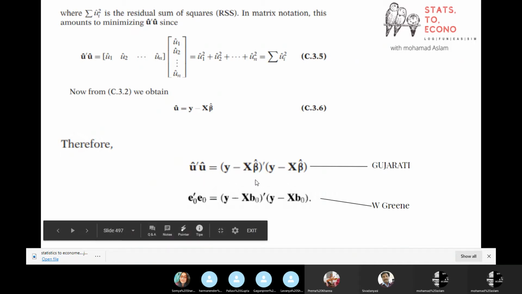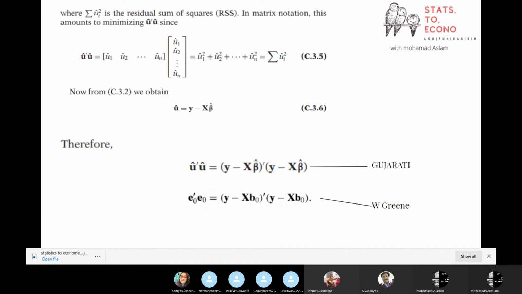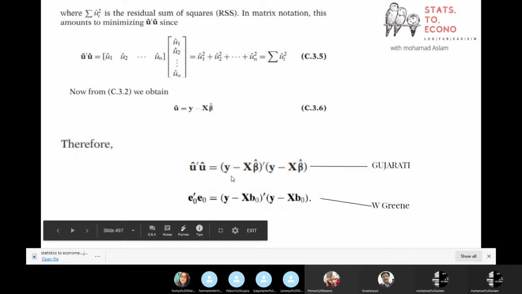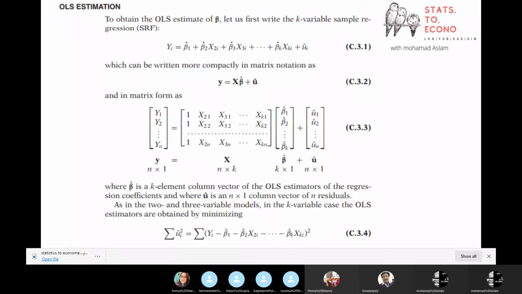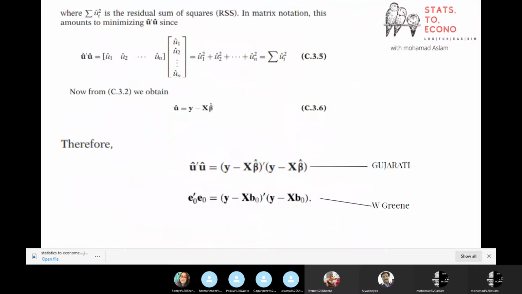Now we have to minimize it, and for minimizing we have to differentiate with respect to the beta matrix so that we can get all the sample estimates. Any doubt so far? Then I'll start with the derivation part.